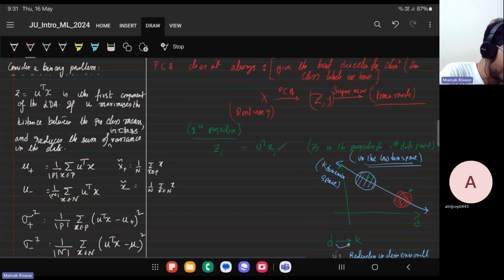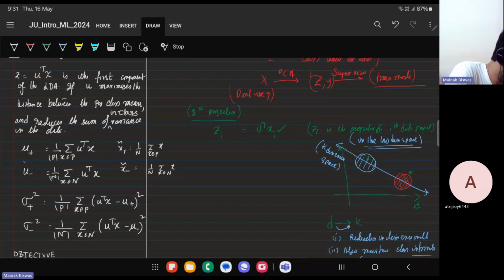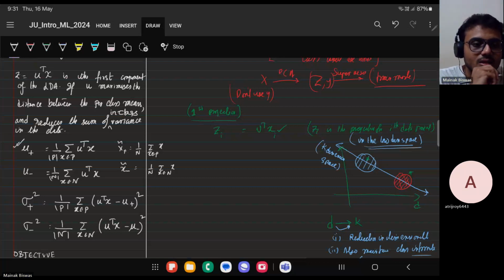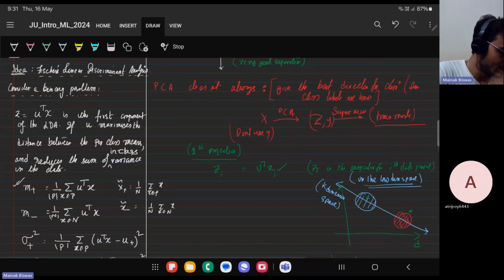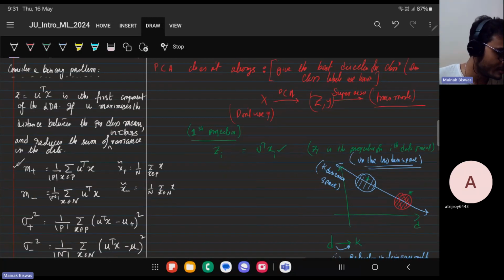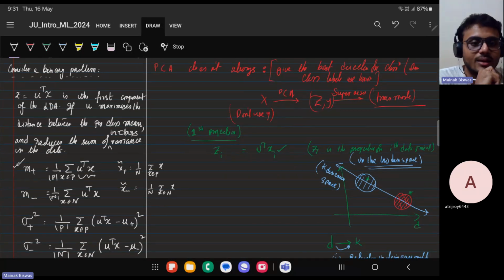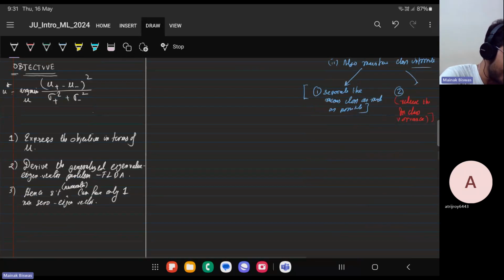So how can we do that? Let us define a few things. The mean of the positive class is mu plus. Please bear with me, I'll write m plus and m minus instead. Let the means of the positive and the negative classes be m plus and m minus. These are the projections U transpose X for the positive class.